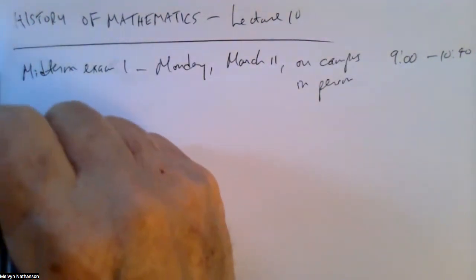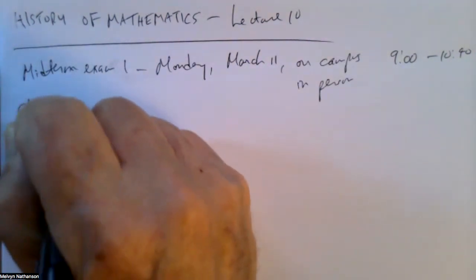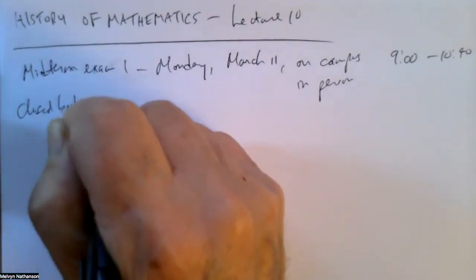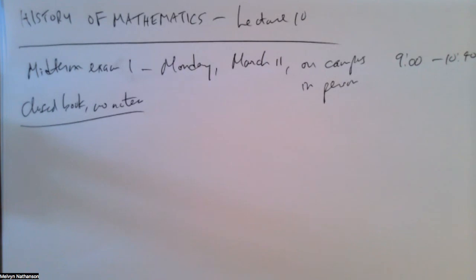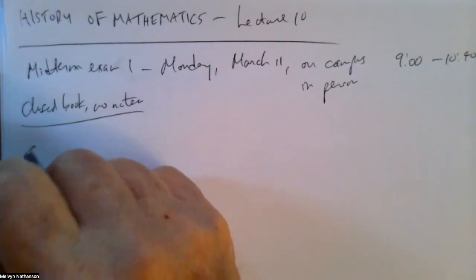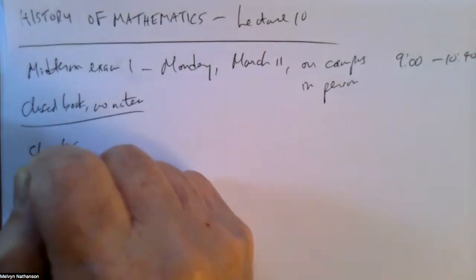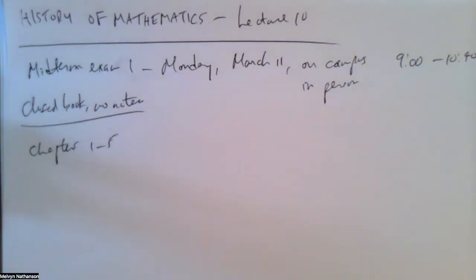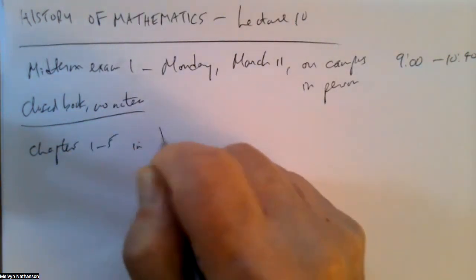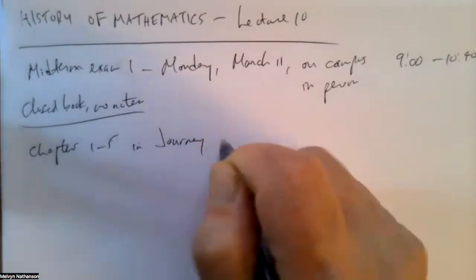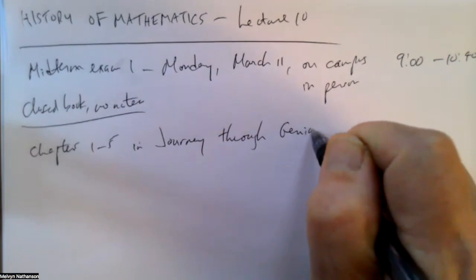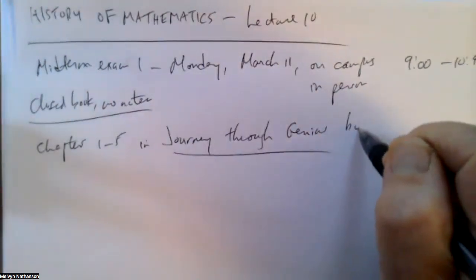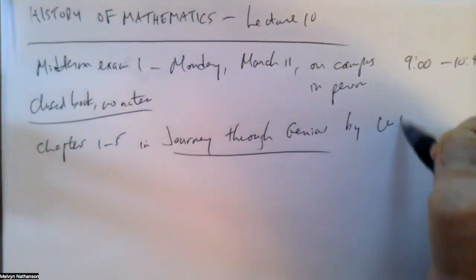And it's a normal exam, closed book, no notes, and so forth. And the exam covers chapters 1 to 5 in Journey Through Genius by William Dunn.